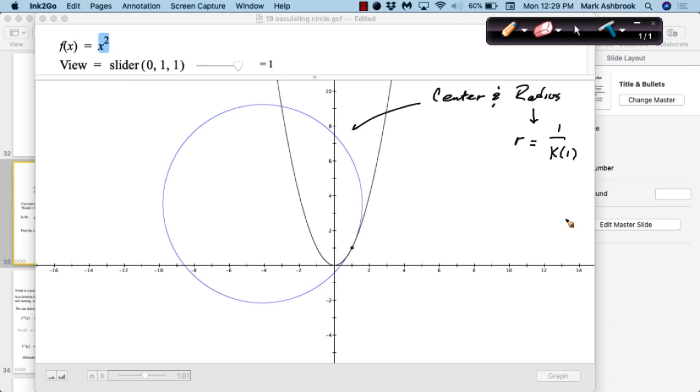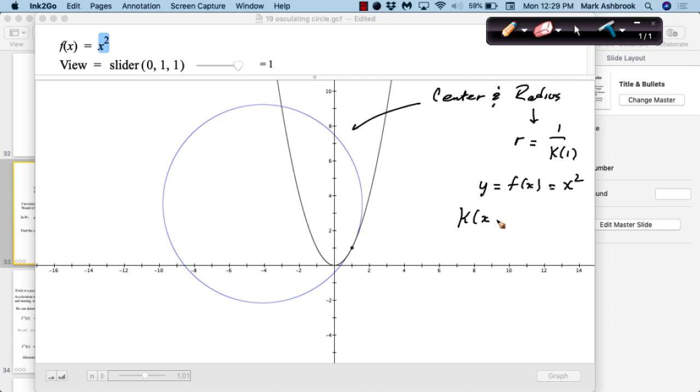Let's do that first. So we've got y equals a function of x in R2. This is a perfect chance for the formula I gave you for that. So x squared. Let's find it as a function.